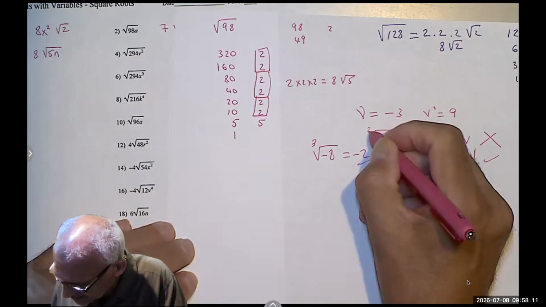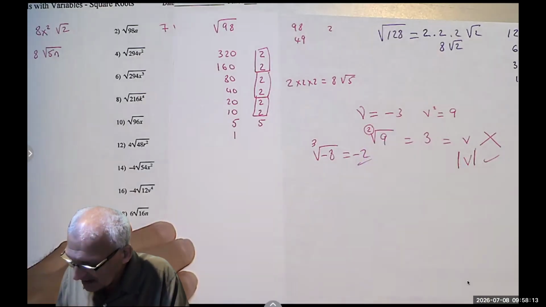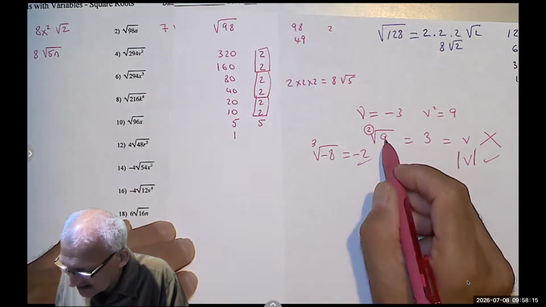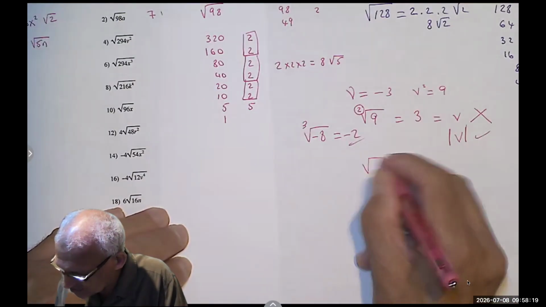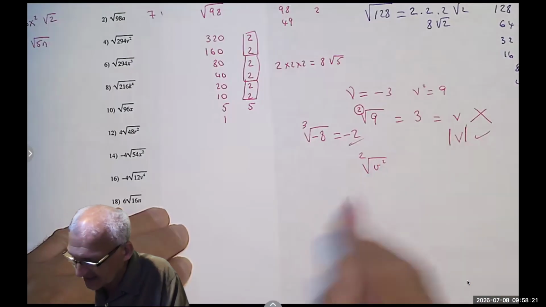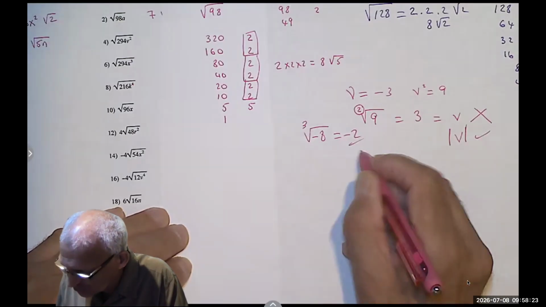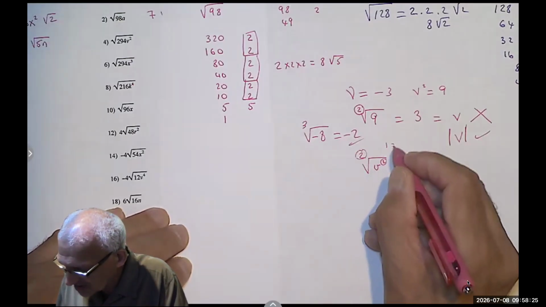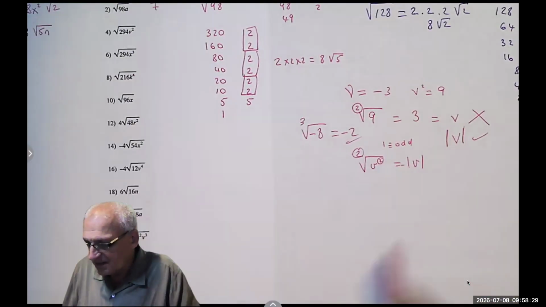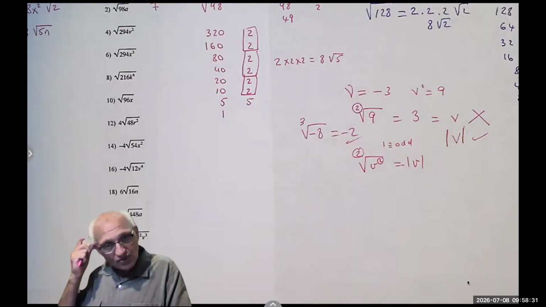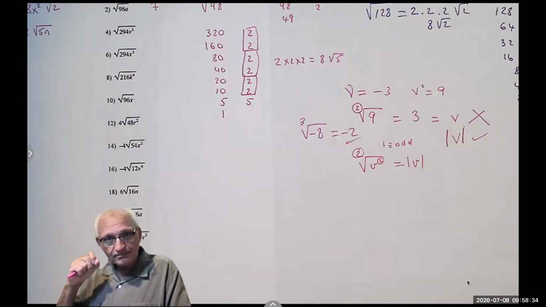There is a hidden 2 here. And if I say the square root of v square again, when I divide 2 by 2, I get 1, which is odd. So I use the absolute value. Only when it's odd, you use the absolute value.